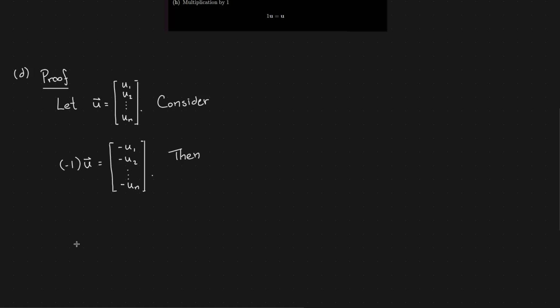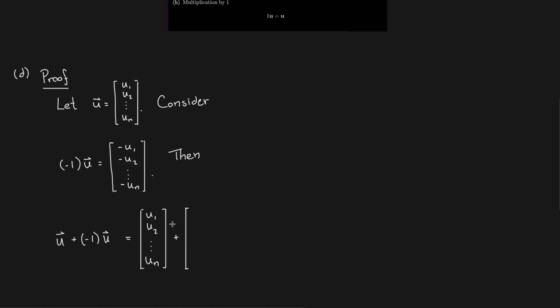Then vector U plus -1 times vector U equals U1, U2, all the way to UN. That's vector U. Plus, and now I'm going to write -1 times vector U. I'll probably drop these parentheses.